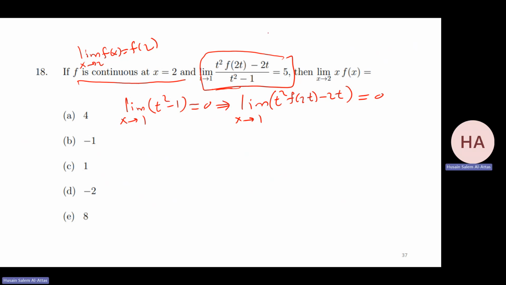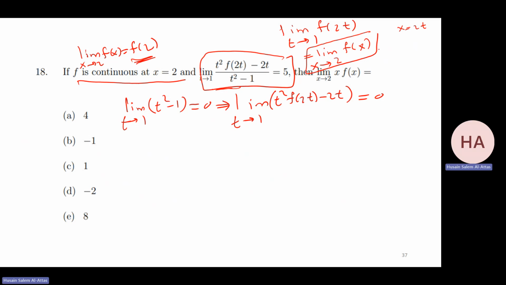Also note the limit of f of 2t as t goes to 1. If I let x equal 2t, that will be the limit of f of x as x goes to what? If t goes to 1, x goes to 2. And this, I know it. It's f at 2.